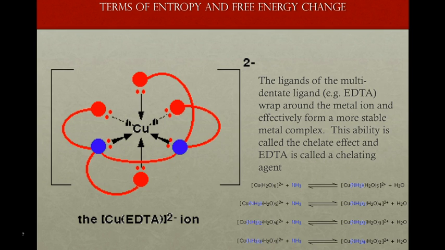That means that the reaction favors the use of a multidentate ligand because the products are more random and therefore there is more entropy. The chelate effect is using some multidentate ligand to remove harmful metals from the body.